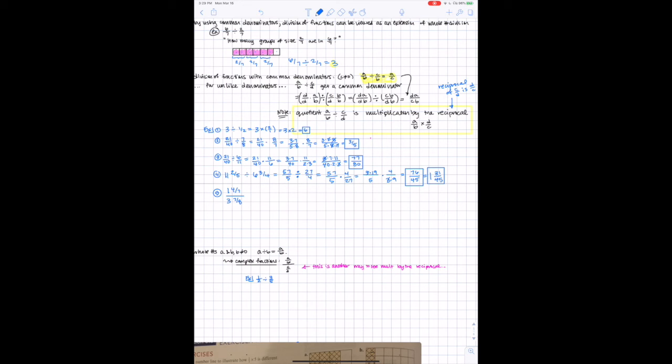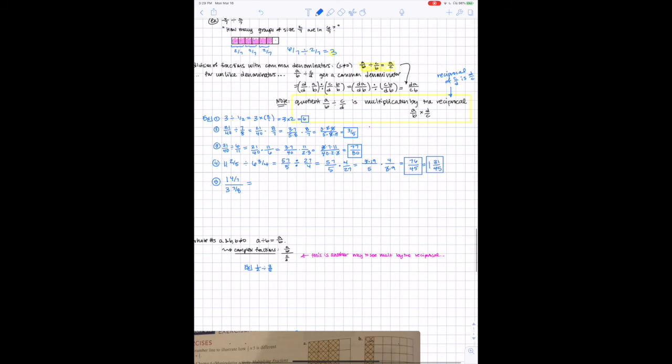So again, there's a couple of different ways we can do it. We're going to want to do two different things. We're going to want to write these fractions as improper fractions, and we're going to want to multiply by the reciprocal. So let's go ahead and write them as improper fractions first, because we know we'll need to do that.